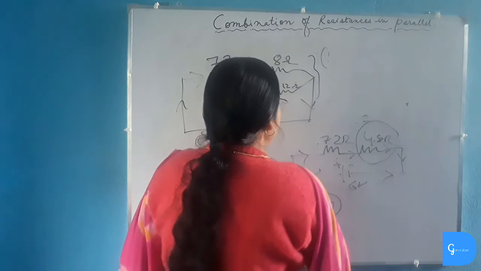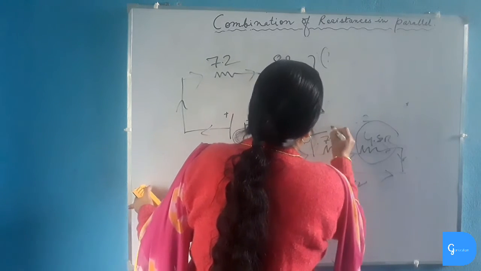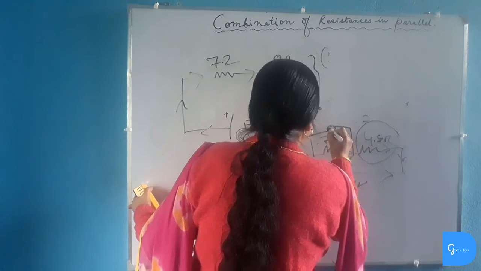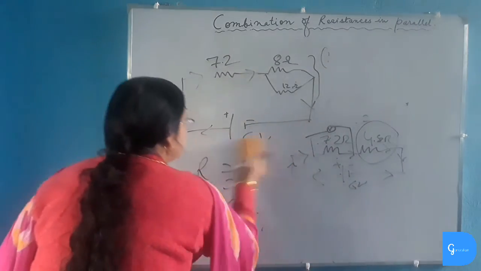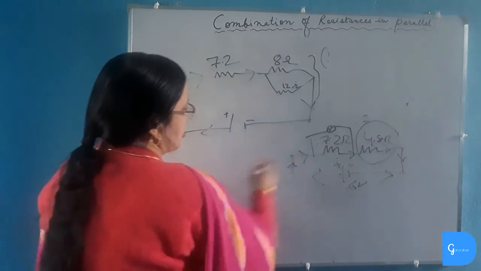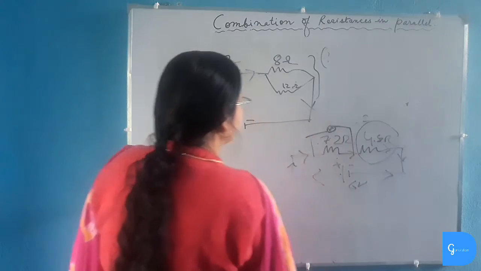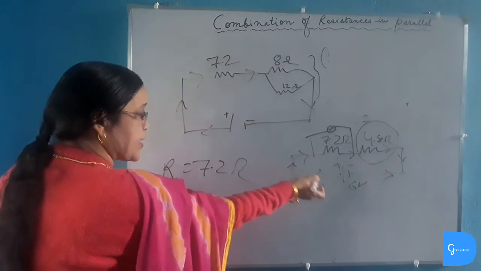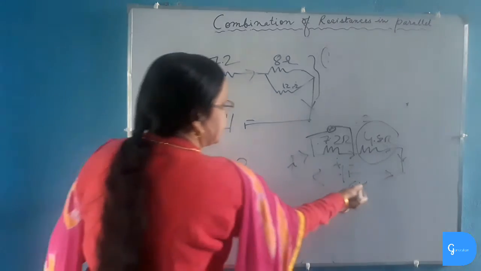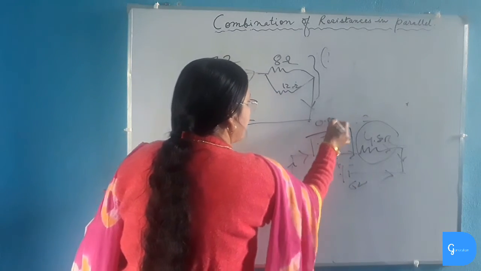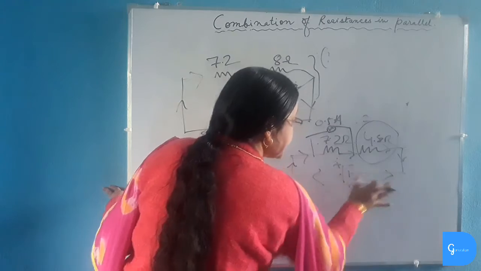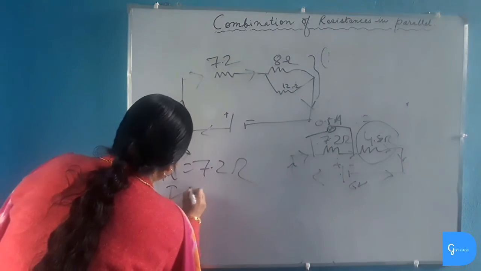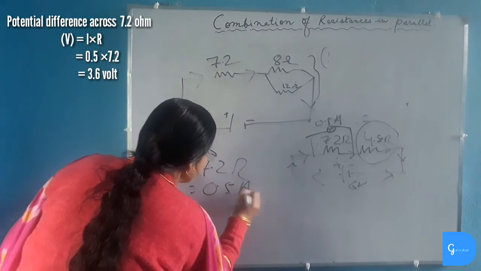Now we will find the potential difference across 7.2 ohm resistance. What will be the potential difference across 7.2 ohm resistance? Resistance is given 7.2 ohm, and current, I have told you that the current will be 0.5 ampere throughout the circuit as they are connected in series now. So current here is 0.5 ampere.